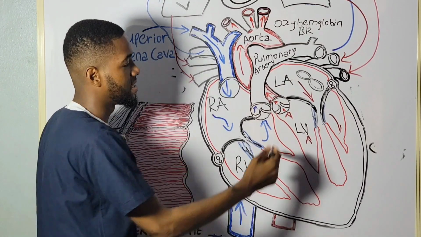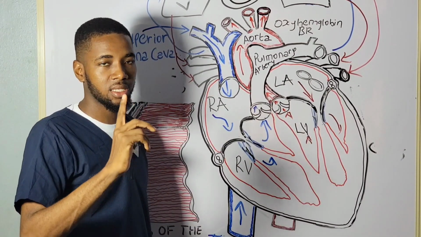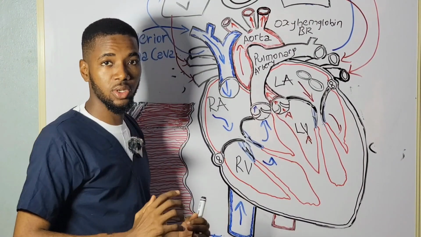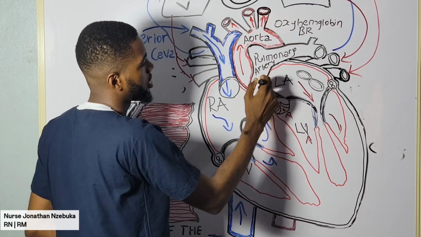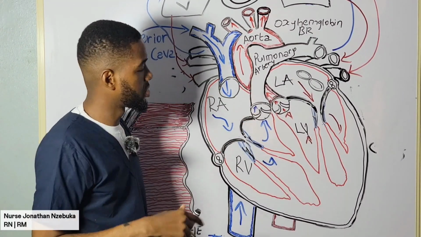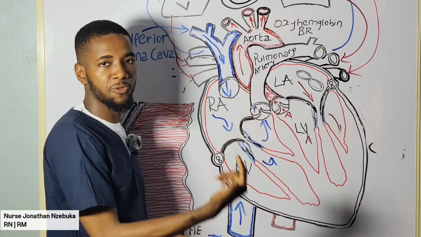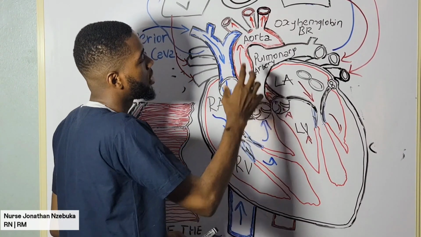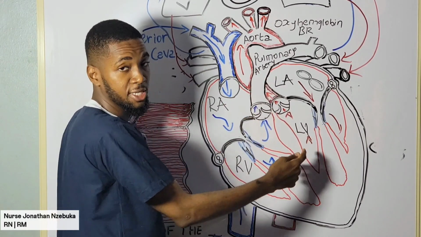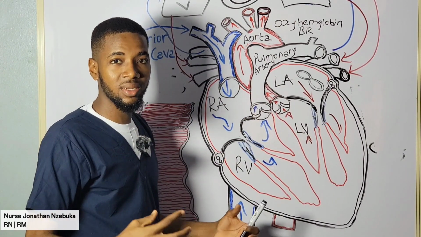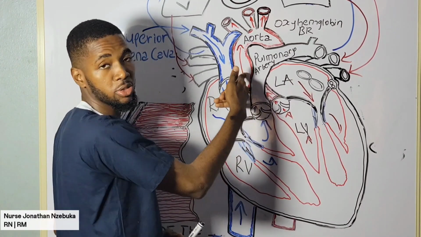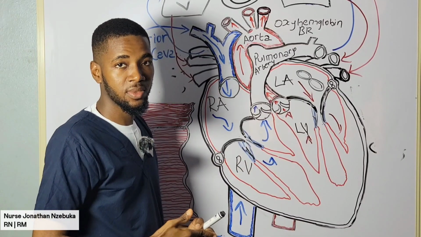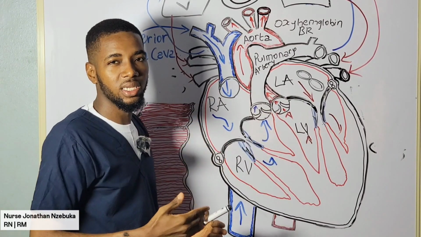Do you know that the aorta will prevent the ventricle from pumping blood if the ventricle has not gotten more pressure than the aorta? I repeat myself. The aorta will prevent blood from coming into it because the pressure of the aorta is normally high. So if the left ventricle has not accumulated more pressure compared to the aorta, blood cannot flow through. So the aortic valve prevents blood from flowing into the aorta when the pressure is high.